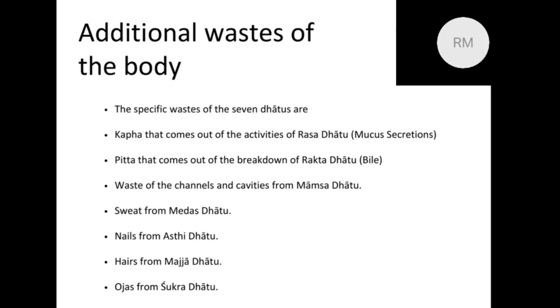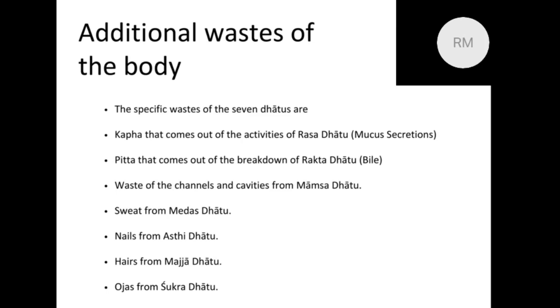So even today we know that hemoglobin, which gives blood its red color, bile is produced as a breakdown of hemoglobin. So bile we can compare with Pitta, and hemoglobin with Rakta.